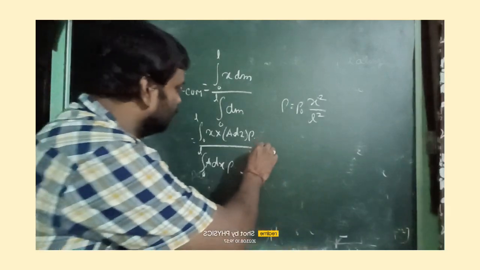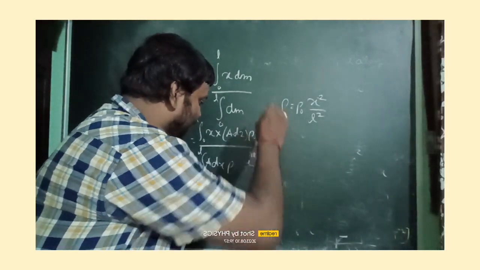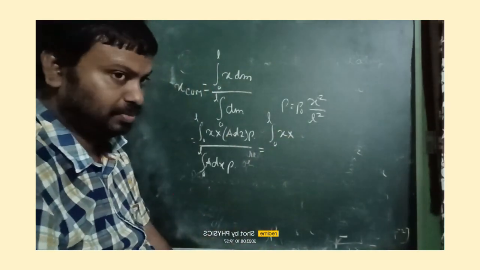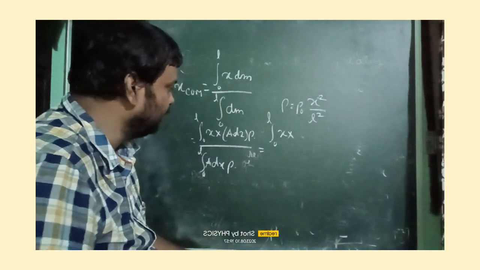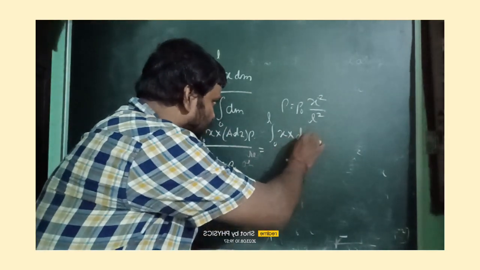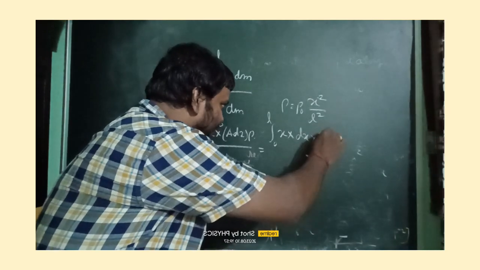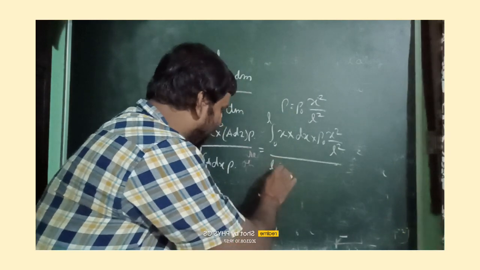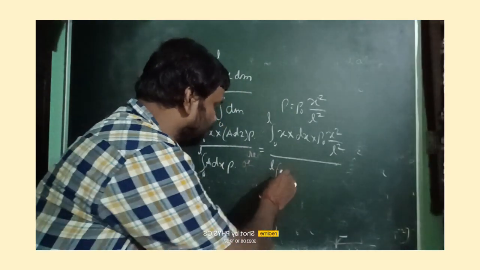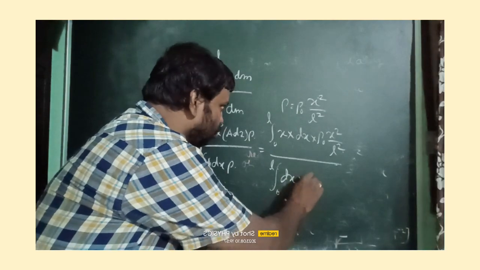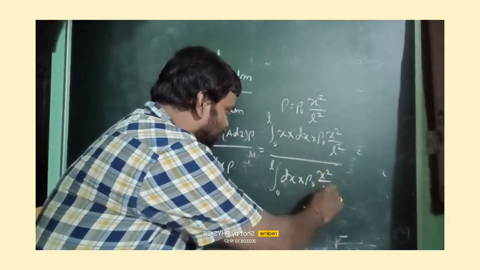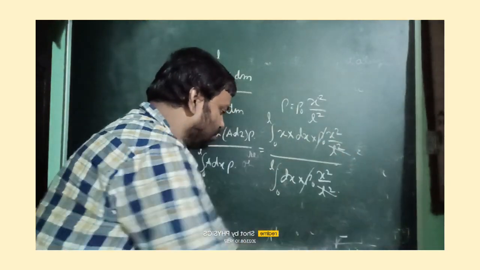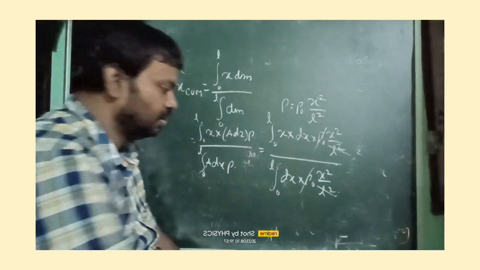Now x into a should be cancelled out from the upper side and lower side, and we have dx and rho. Rho is equal to rho 0 x square by L square, and in that case a cancels out, so dx into rho 0 x square by L square. From that, rho 0 will cancel out and L square will cancel out because they are constants.